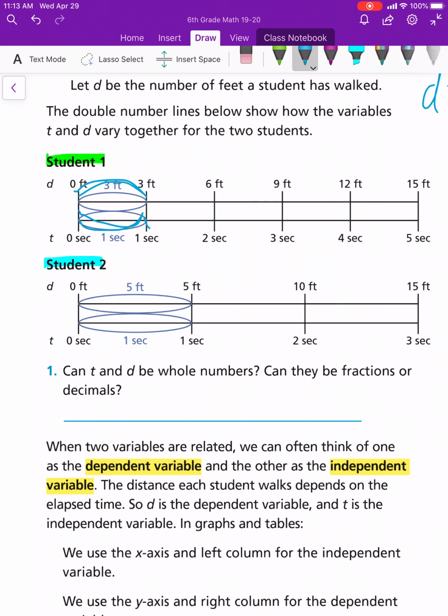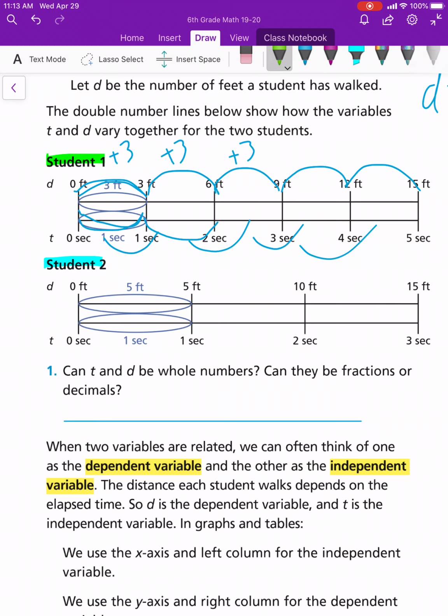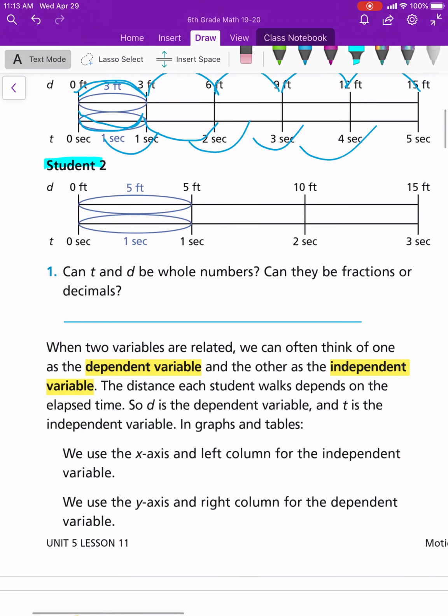So after the next second, so second 2 or 2 seconds, it'll be 6 feet, and so on and so forth. And you can see that there's a pattern up here, right? Plus 3, plus 3, plus 3, while down here we're going plus 1, plus 1, plus 1, plus 1, right?